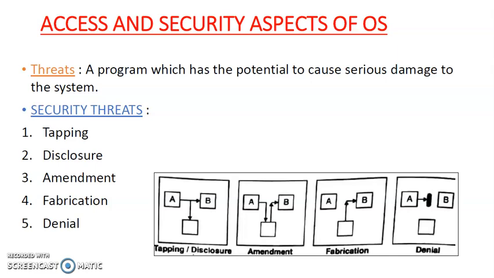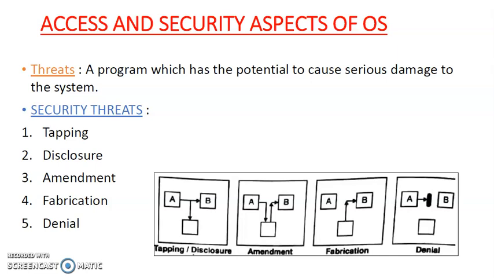In the diagram, after the user sends the information to B, in between, the unauthorized user can cause denial of service. It means the data or information is unavailable to the authorized user. Okay. These are the major security threats available in the operating system.